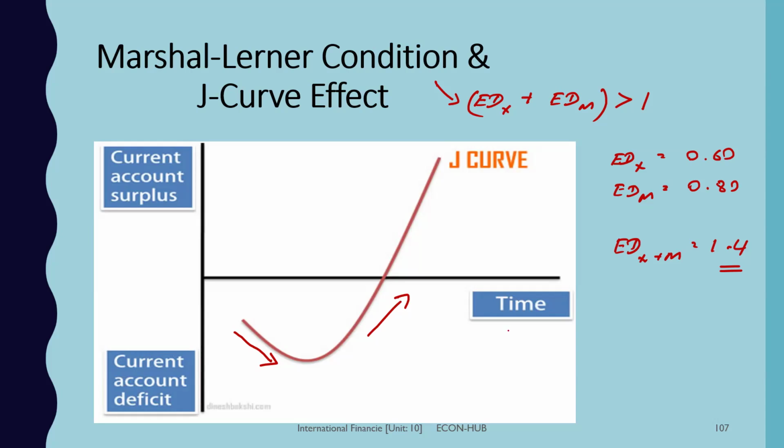It will take some time because the trade flows have to go through what we call a natural correction. Is that clear? Are you guys clear on my point? Got it? So now you have an idea about the J-curve effect also.